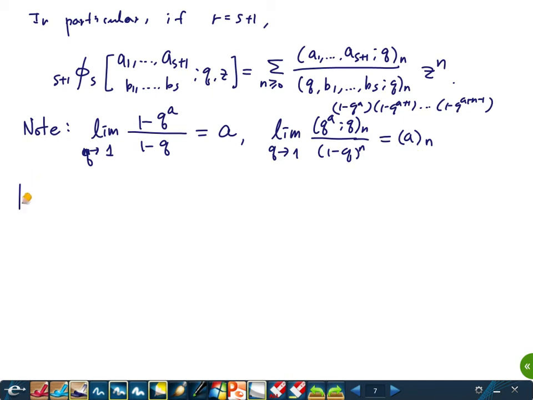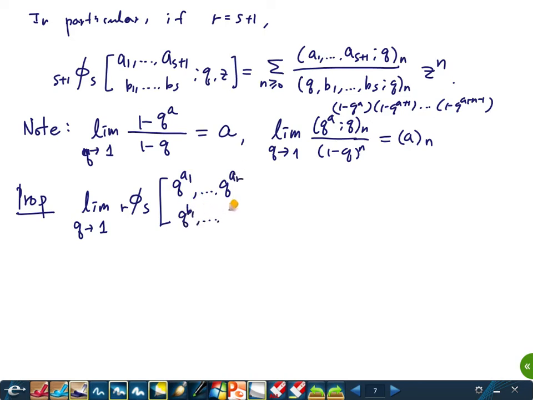So, proposition: this is the connection between basic hypergeometric series and hypergeometric series. R phi S, Q to the A1, up to Q to the AR. Again, if R is S plus 1, you can forget about this thing.